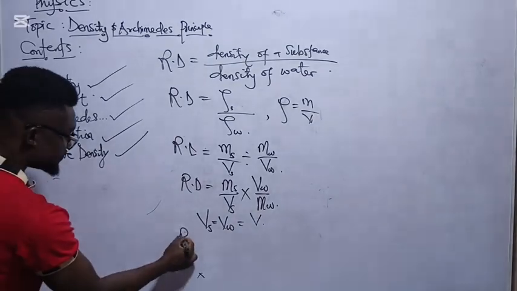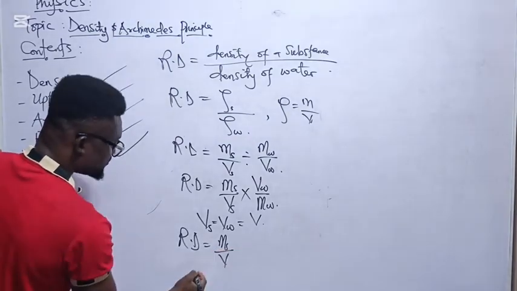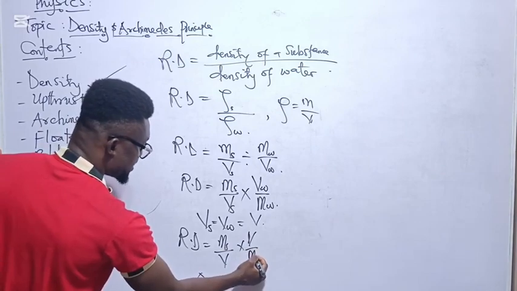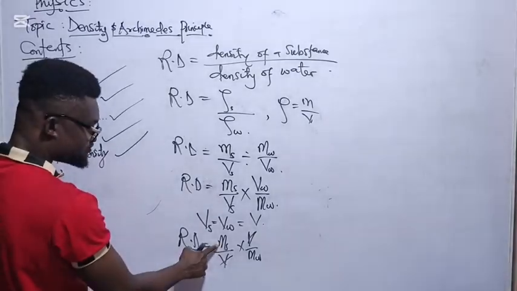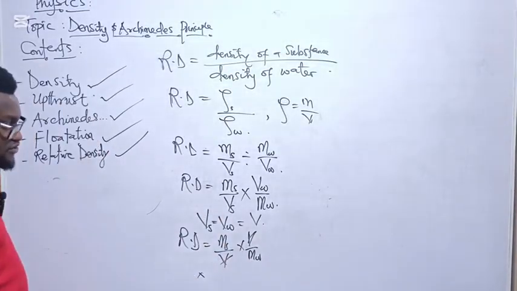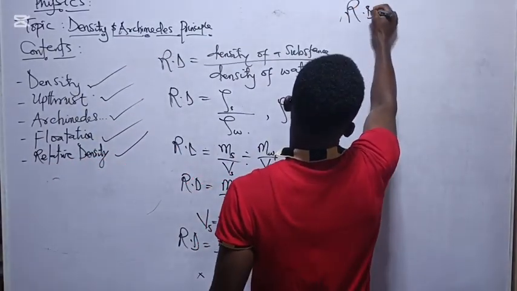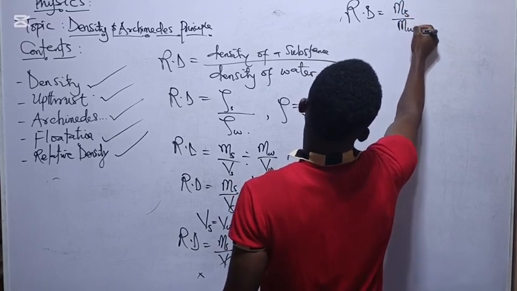So in that case, our relative density now becomes mass of the substance over volume times volume of the water over mass of the water. This will now cancel out, and if it cancels out, we have mass of the substance over mass of the water. So in that case, we are going to have relative density as mass of the substance over mass of water.